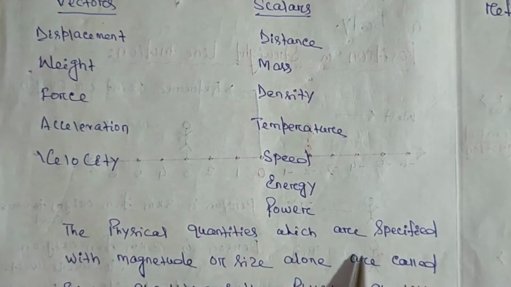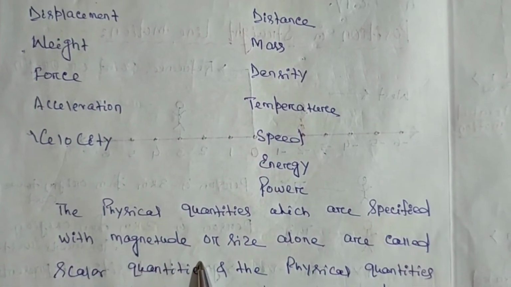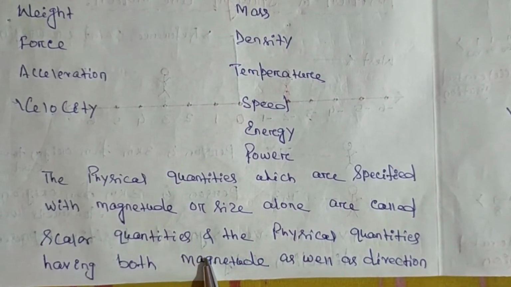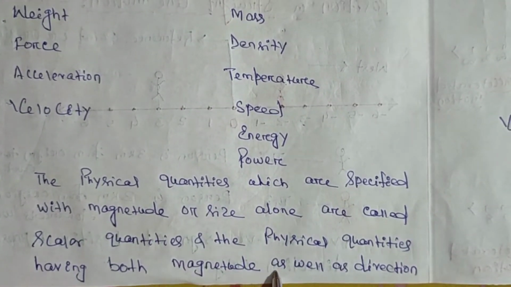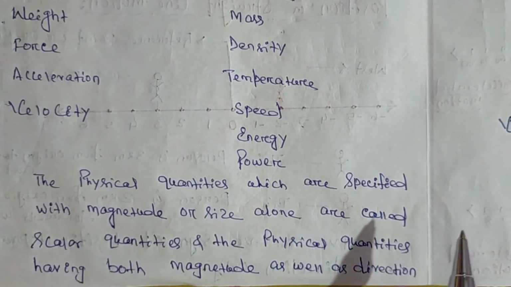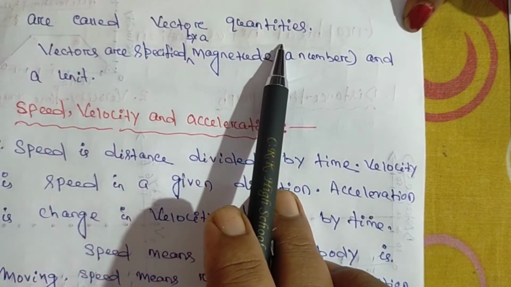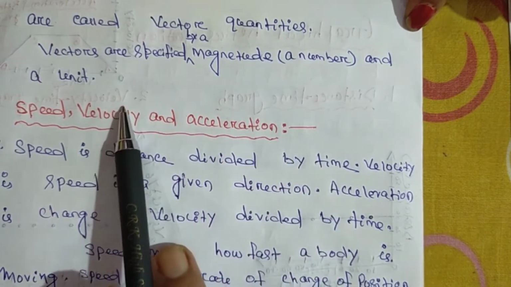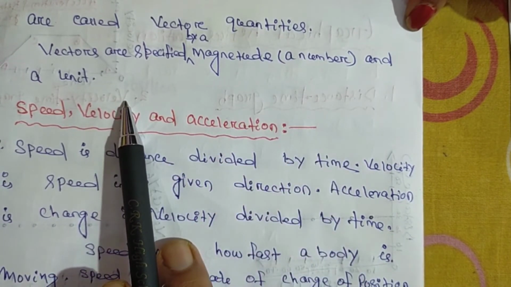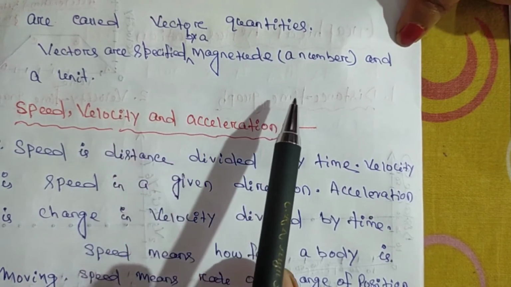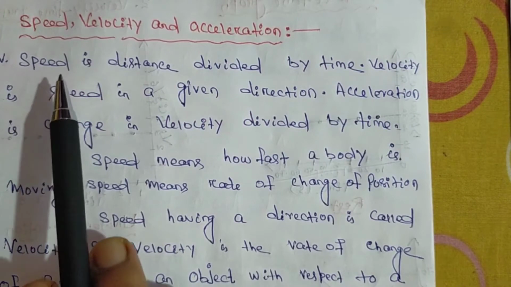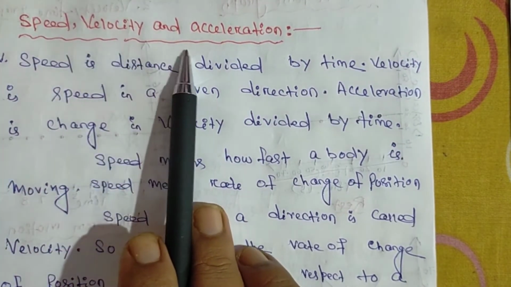The physical quantities which are specified with magnitude or size alone are called scalar quantities, and the physical quantities having both magnitude as well as direction are called vector quantities. Vectors are specified by magnitude, a number and a unit, along with direction, but a scalar is specified by only a number and a unit.